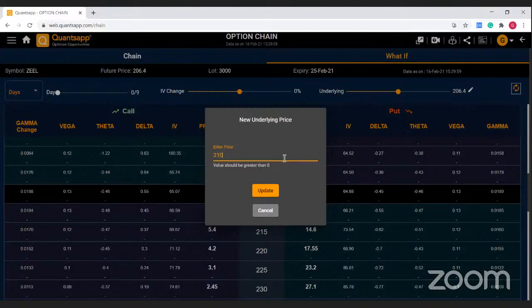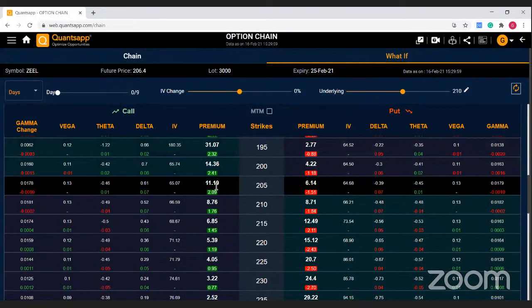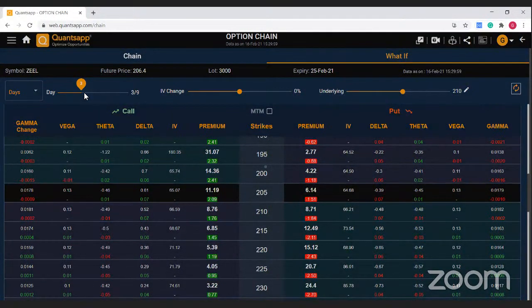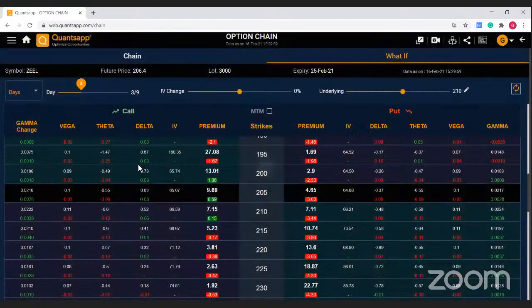So if I say the prices move to 210, then I can see the impact of it on my option premium. Then if I want to analyze this particular option chain for the next 3 days, what will be the value of the options after 3 days, I can do so.